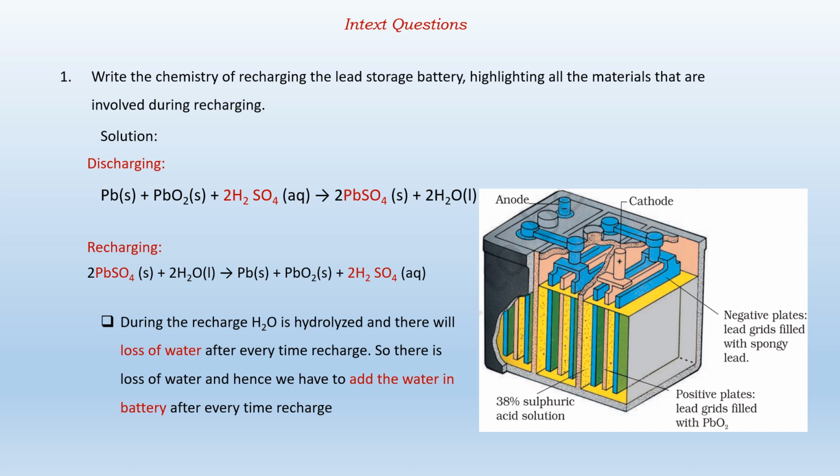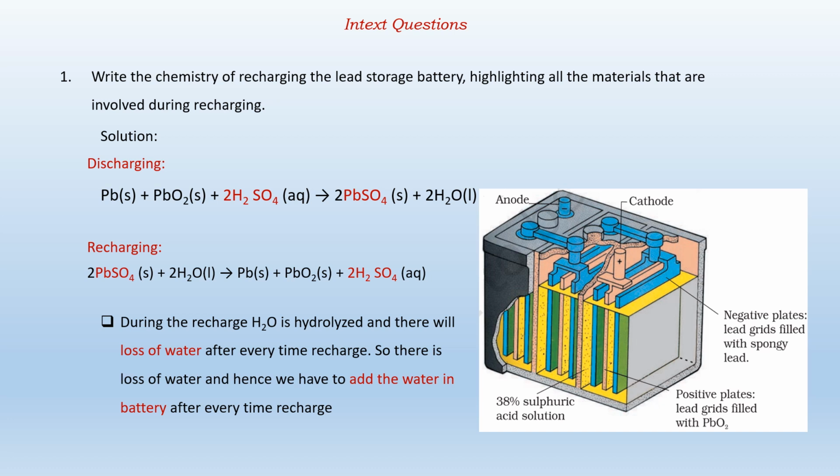Write the chemistry of recharging a lead storage battery, highlighting all the materials involved during the recharge. During the recharge they are asking, right? In the discharging, it converts the lead into lead sulfate, and during the recharging there will be a reverse reaction.